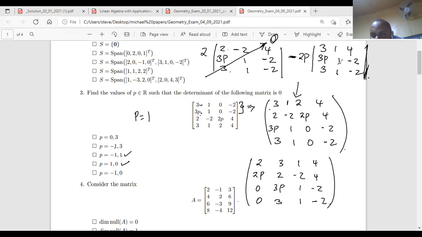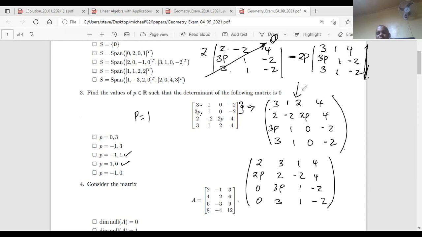And then for this one, I know I got 0. This one too, because they have 2 dependent ones also, so it becomes 0.